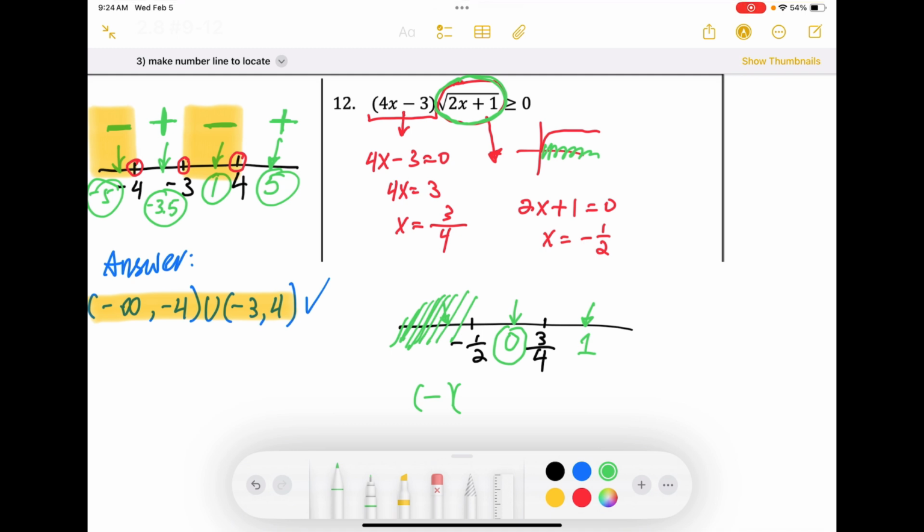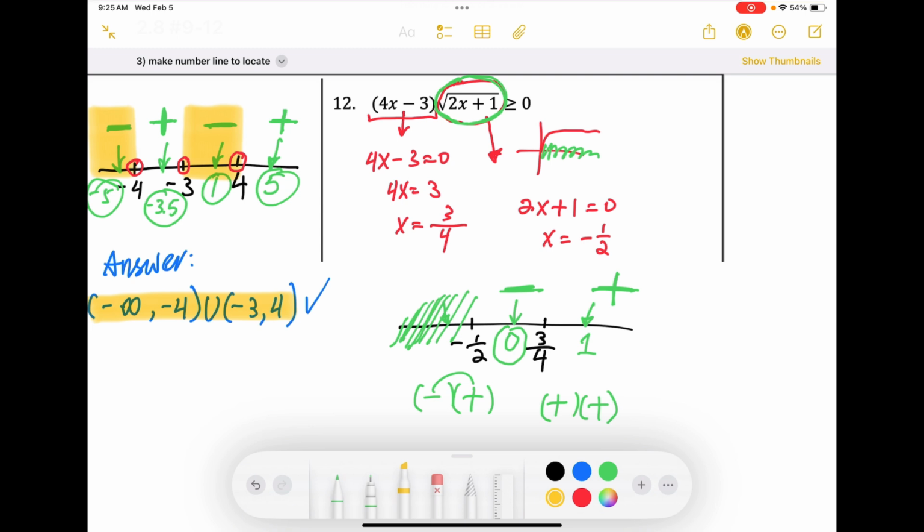What do we guarantee? The square root is positive, so negative times positive will be a negative. When I plug in 1, 1 times 4 is 4, 4 minus 3 is positive, and positive times positive, the final answer is positive.